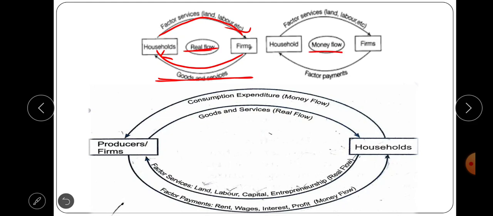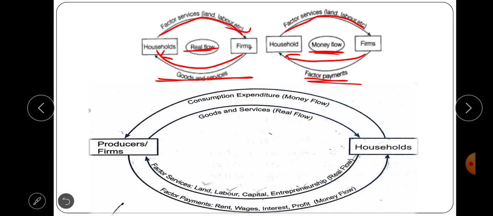Then in case of money flow, the factor services, that is land, labor, are provided to the firms from the household, but for those factor services, the factor payment is given to the households by the firms. That's why this is factor payments.